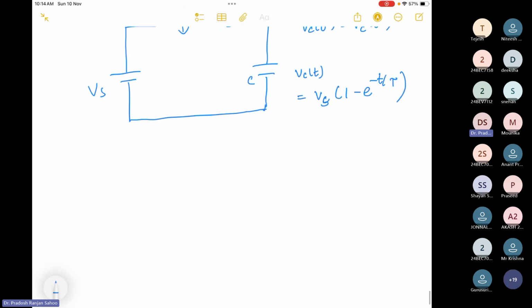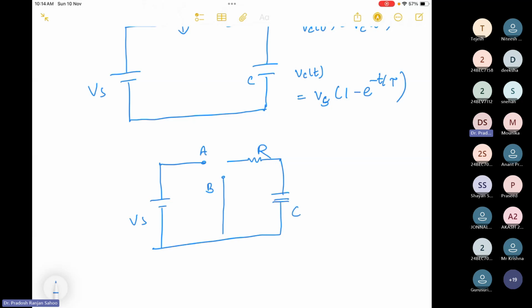Similarly, we did it for the RC circuit without source. If you remember, this is Vs, this is A, this is B, R, C here.